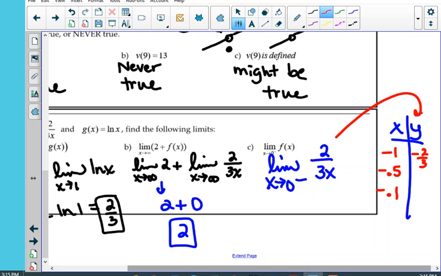This would be -2 over 1.5. Okay, so -2 divided by 3/2 is -2 times 2/3. So that would be -4/3.